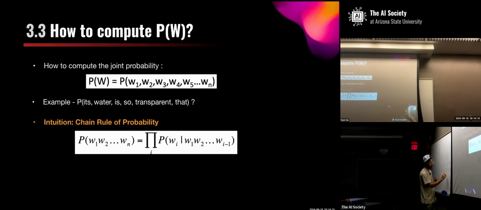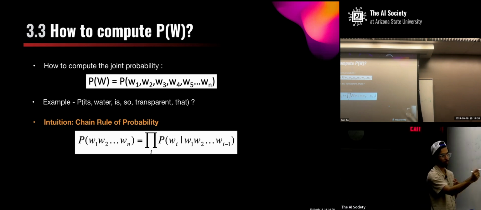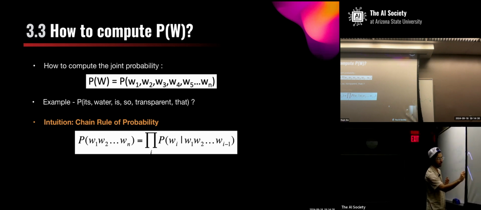This will be equal to probability of "my", because this is the first word, times probability of "name" given all the previous tokens before "name". Here we only have one, "my". So this is for 2 words.